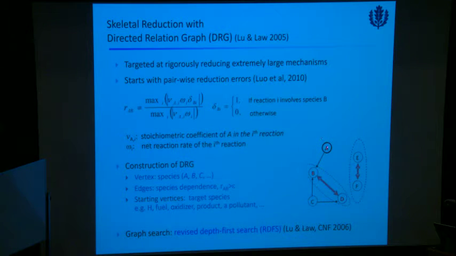So starting from here, you can find B, and then from B you can find D. So go along this path. Whoever you can find in this graph, you need to keep it. And the logic here is because if D is important to B, if you delete it, B may be messed up, right? If B is important to A, you have to keep B, otherwise A can be messed up.